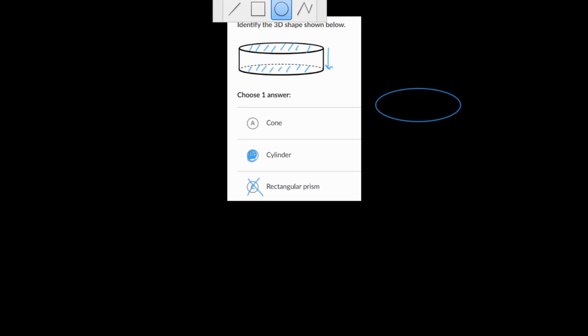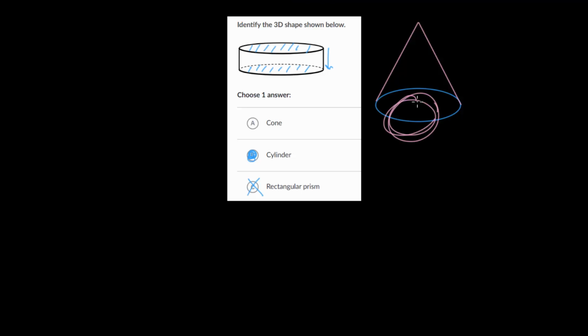So if we use a line tool, we can essentially take every point on the edge of the circle, and they're all going to meet at this same point above. So this is what we call a cone. You might recognize this as like an ice cream cone, maybe upside down where your ice cream is right here.